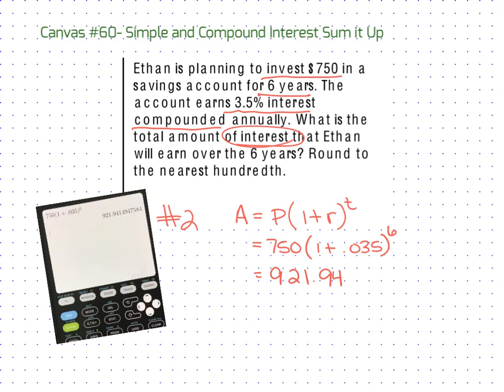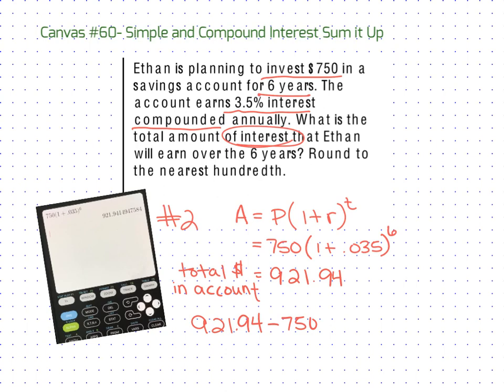Now, remember that this is the total amount of money in the account right now, but the question is not asking that. The question is asking how much interest was added. So in order to figure that out, we need to take our total amount, the $921.94, and subtract my principal amount, which was my $750.